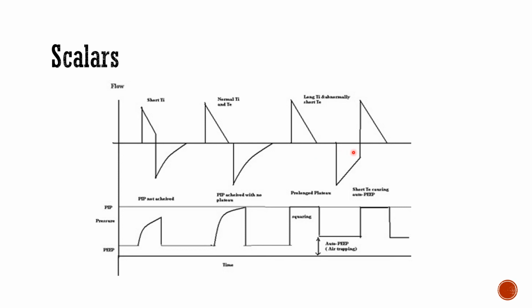This in turn will affect the expiratory time, leading to a short expiratory time, which leads to air trapping and auto PEEP, in which our pressures at end expiration will remain above our positive end expiratory pressure.